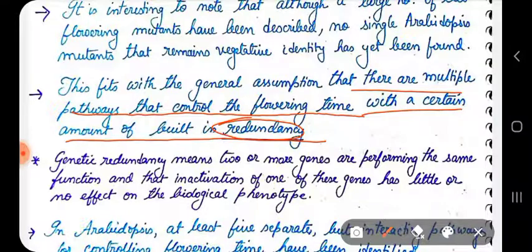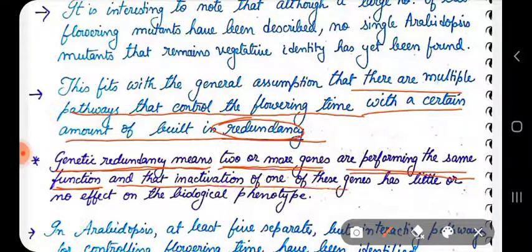Genetic redundancy means that two or more genes are performing the same function, and that inactivation of one of these genes will have little or no effect on the biological phenotype.